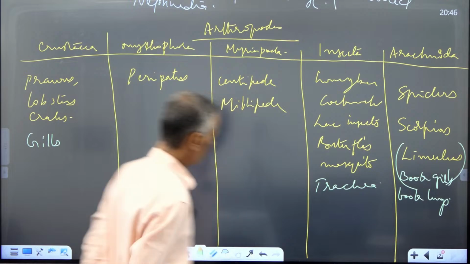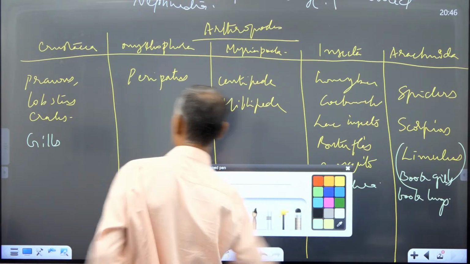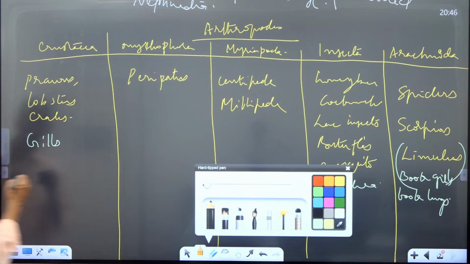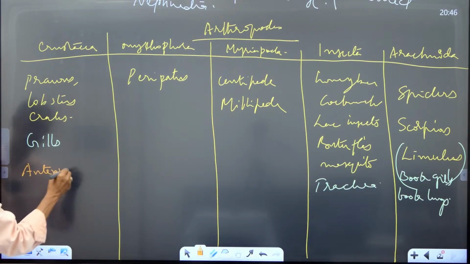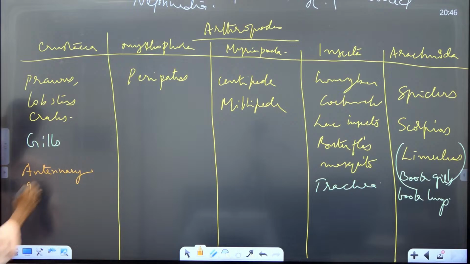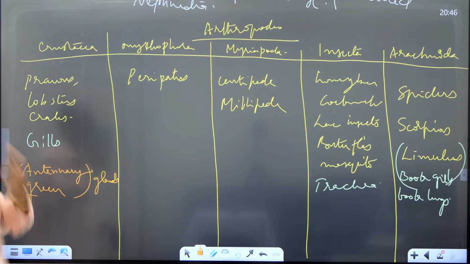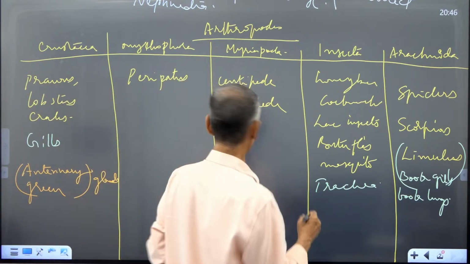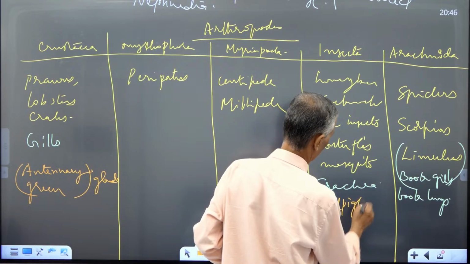Similarly is the case with their excretory structures. Prawns, or crustaceans, are having antennary glands or green glands. Whereas insects are having tubes called Malpighian tubules.